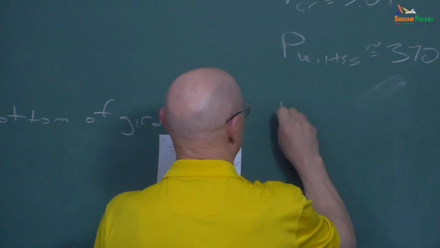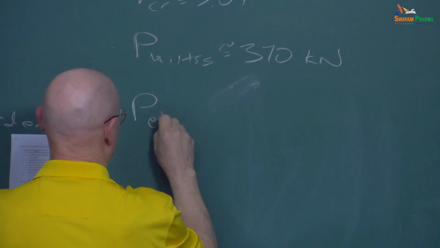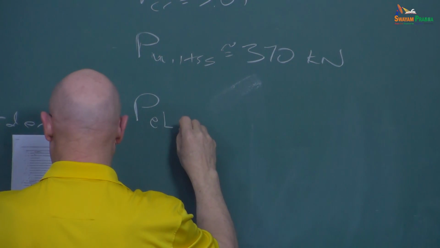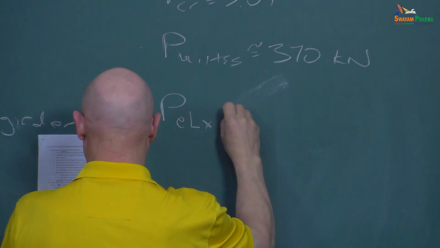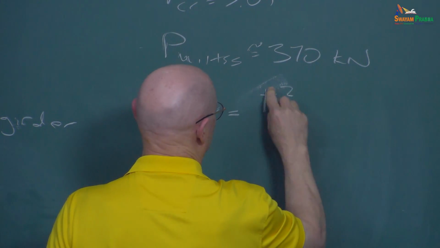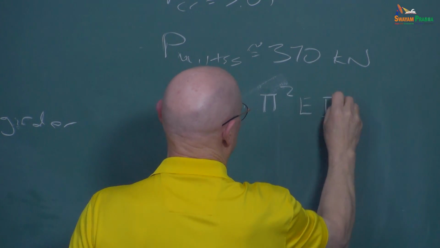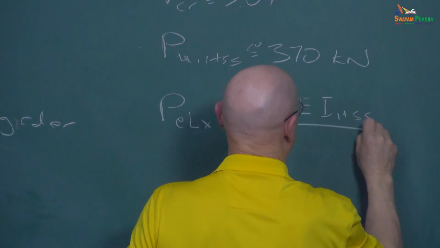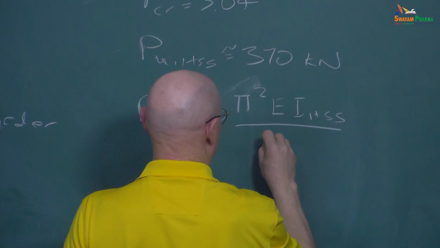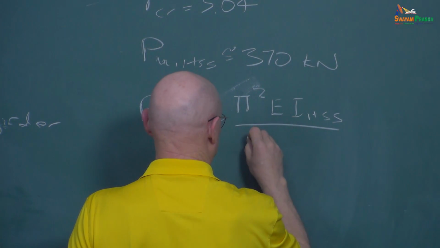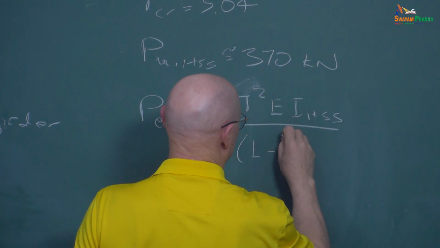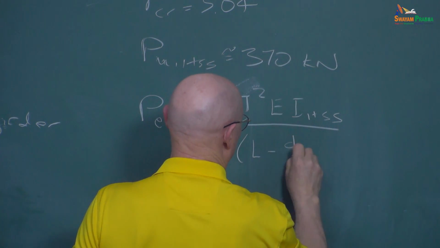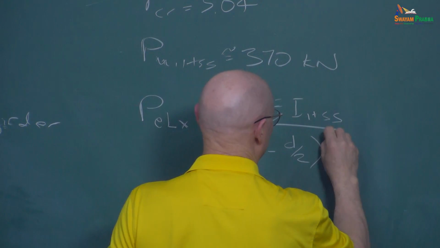And so if we do a P_EL there for that buckling of the HSS section in plane, so I'll call that X, that's equal to pi squared EI of the HSS divided by that L squared, which was, I think, L minus the depth d/2 of the roof girder squared.